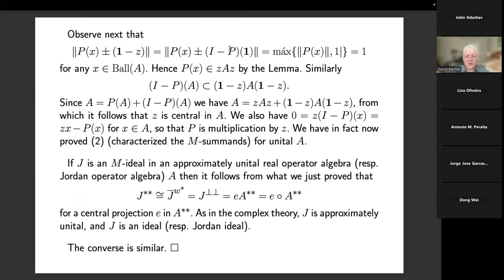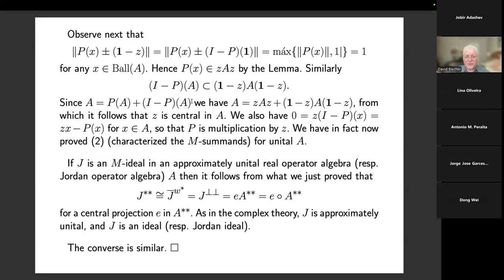And by one of the definitions I put up of an M ideal or an M projection, this is just the maximum of P of x and 1, which is 1. And so the lemma that I had up before the proof says that P of x is in ZAZ. Similarly, (1 minus P) of A is in (1 minus Z)A(1 minus Z). And the rest is just simple algebra.